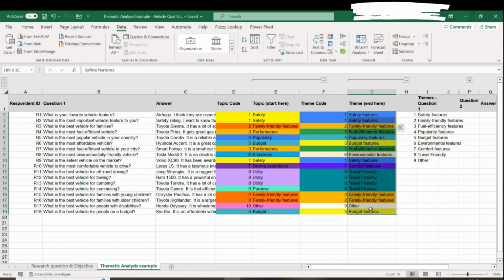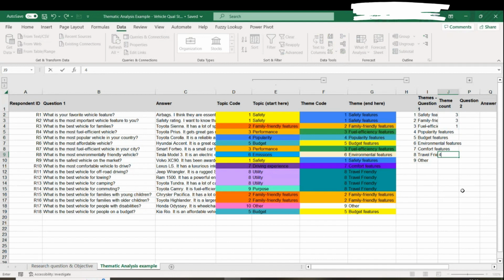If you wanted to visualize this, you could say theme count. You can count how many times safety comes up, 3 times, family comes up 3 times, fuel efficiency once, travel comes up 4 times, and you can check out the other.